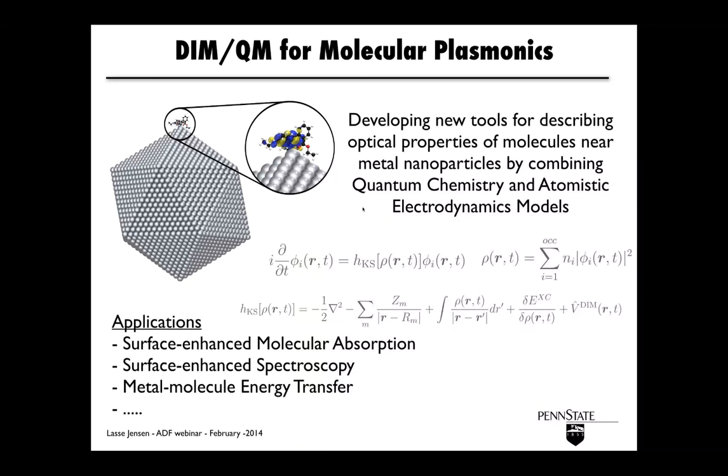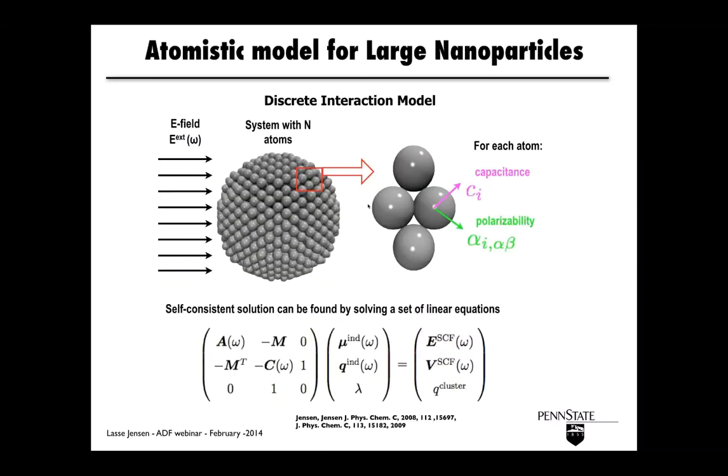We'll look at how to set these calculations up and look at the simulation. Okay. The main component for treating these metal nanoparticles, since we need to treat very large metal nanoparticles, is to use an atomistic model that's called the discrete interaction model. In this model, each of the atoms in the metal nanoparticle is described either with a polarizability or a capacitance, or both.